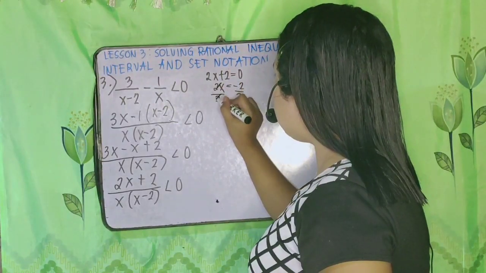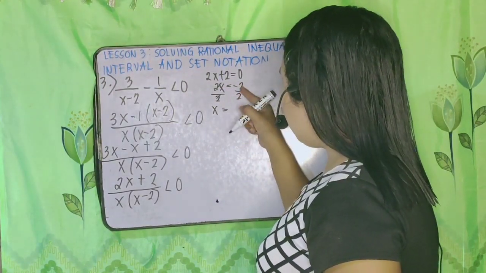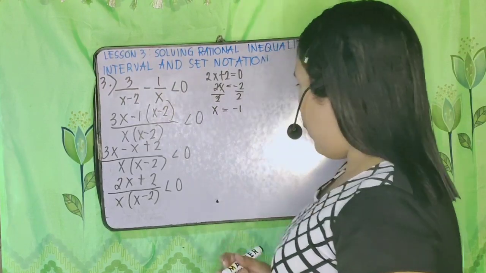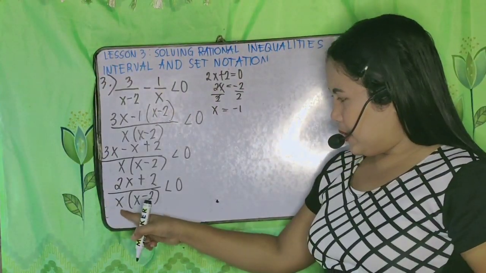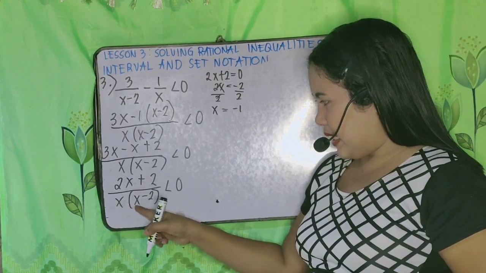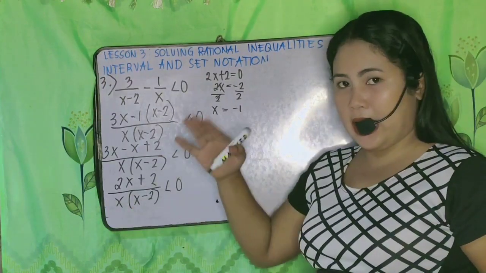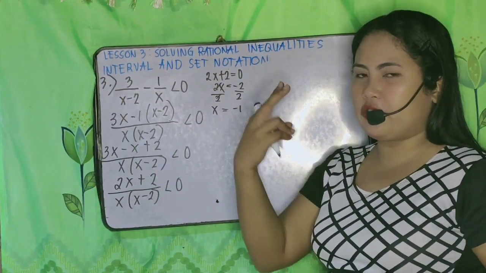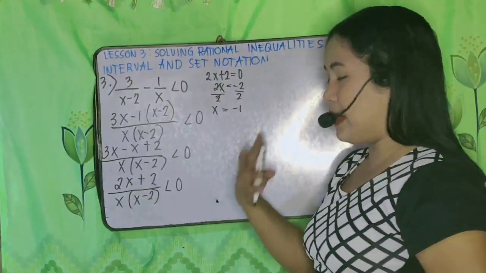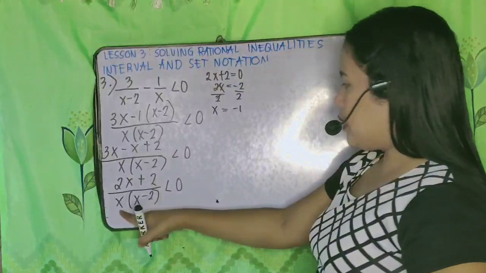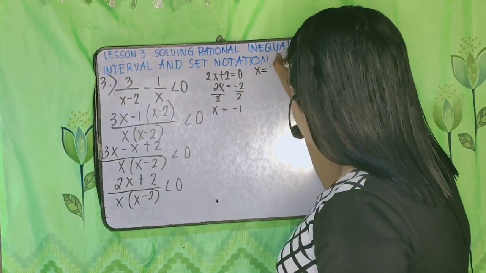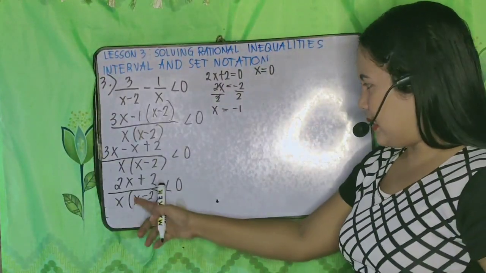So, cancel, cancel. x is negative 2 divided by 2, we have negative 1. Okay? In here, as you can see, we have x times x minus 2. They can't be combined, meaning we factor them separately. For the x, since it has no companion, we understand that we equate it to 0, unlike in 2x plus 2.